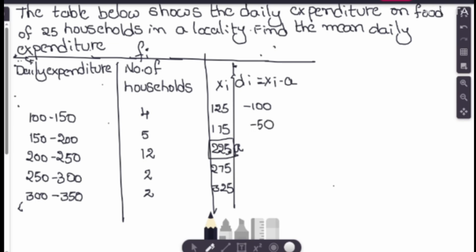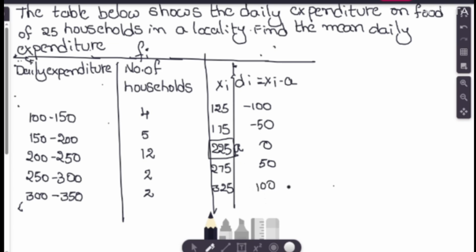Subtracting small from big, xi minus a. Now this is xi and this is a, so same number minus same number, 0. 225 minus 225. Now xi minus a, big minus small. So 275 minus 225 is plus 50. Next 325 minus 225 is plus 100.